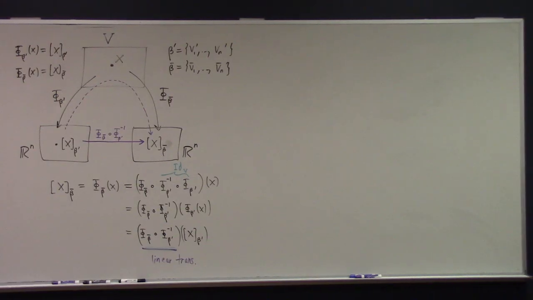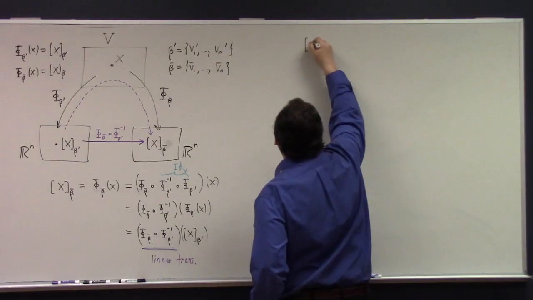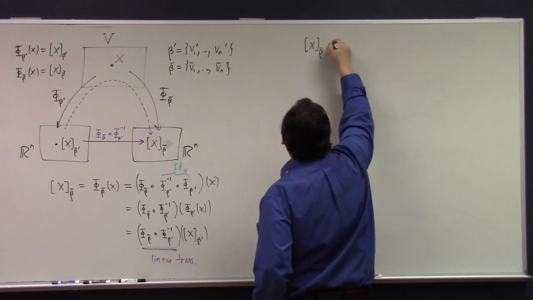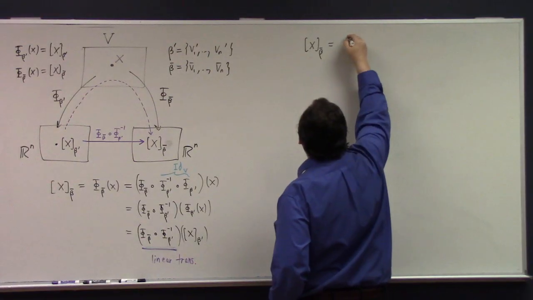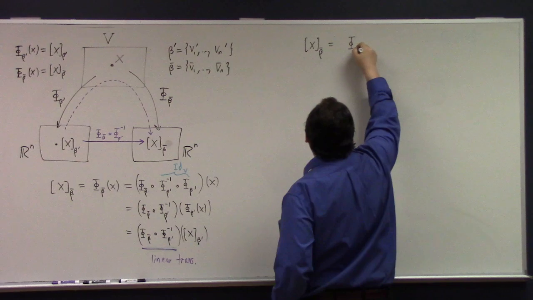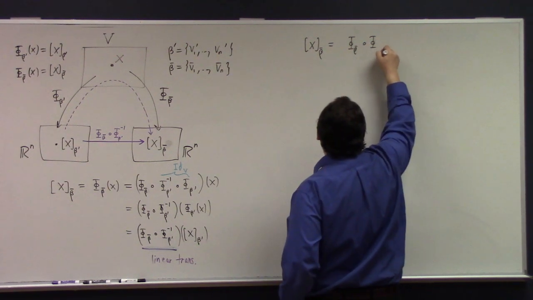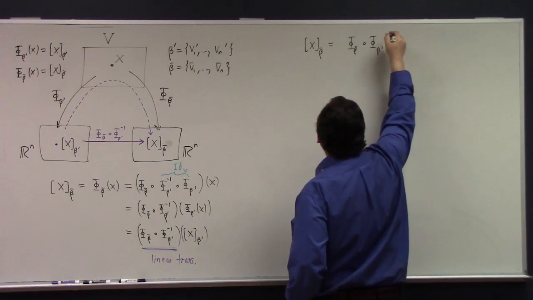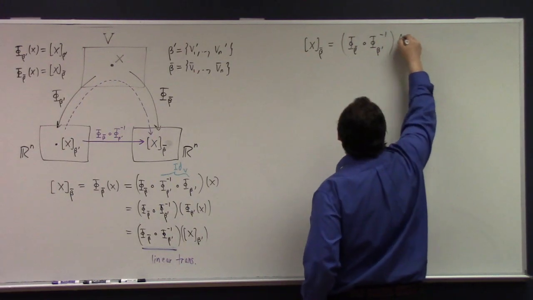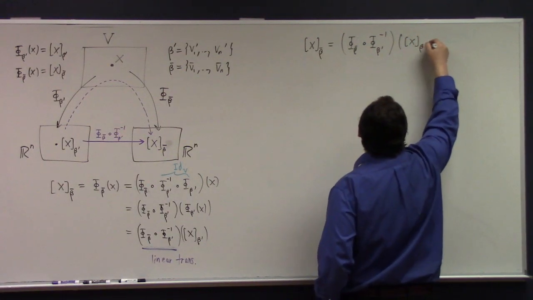All right, so we have the beta bar coordinate vector of x is equal to phi beta bar composed with phi beta prime inverse, and it takes as its input the coordinate vector with respect to the prime system.